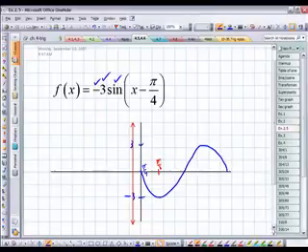This new spot is going to become 3 pi over 4. Basically, I'm adding pi over 4 to all my normal places. Over here, which would have been pi, will be 5 pi over 4. This will be 7 pi over 4. And this would be 8 pi over 4 plus pi over 4 is 9 pi over 4.